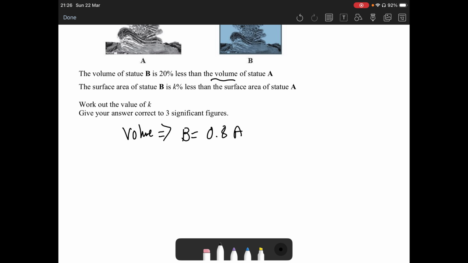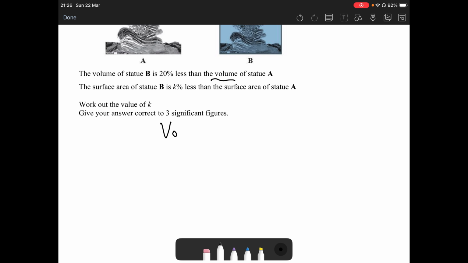Now, actually a better way of writing this, because I want the examiner to be crystal clear about what you're expressing, is you want to say the volume of A equals... B is 20% less.